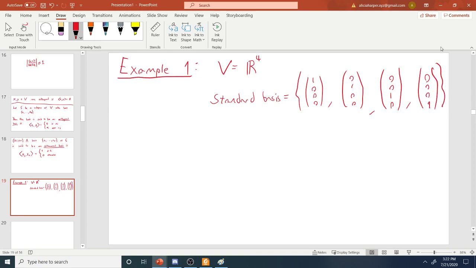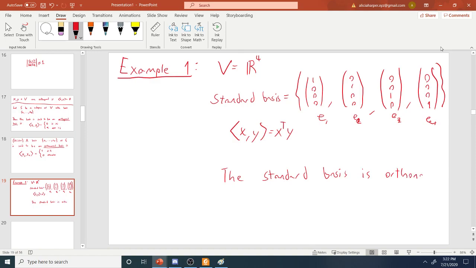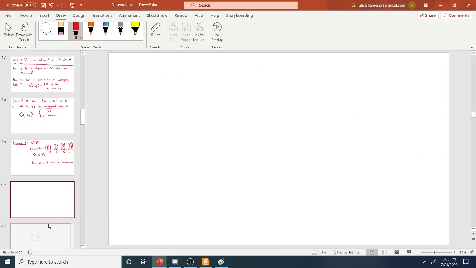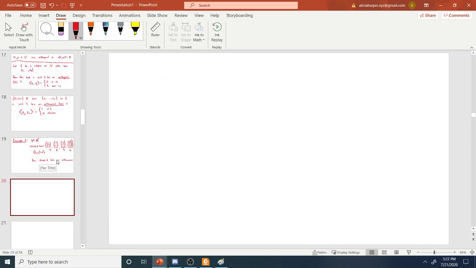We're using the standard scalar inner product, and you can literally see by inspection that the standard basis is orthonormal. That example is almost too easy, but in some sense it's the prototype for all the other examples.